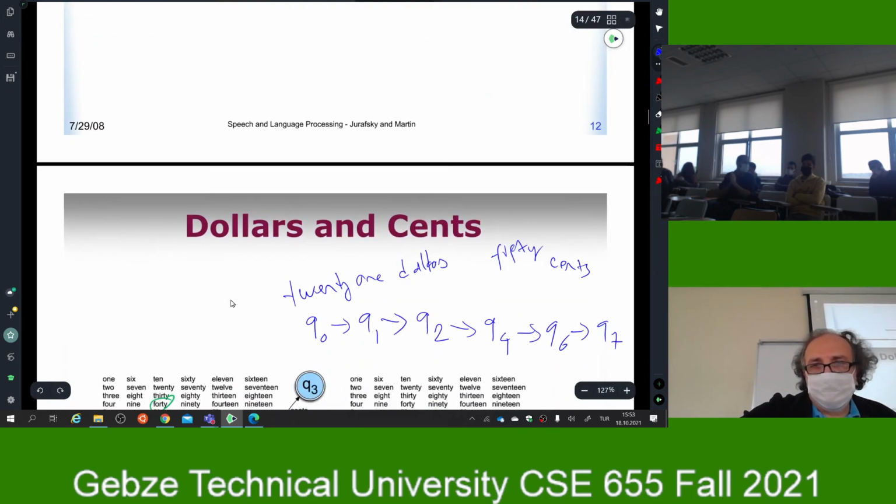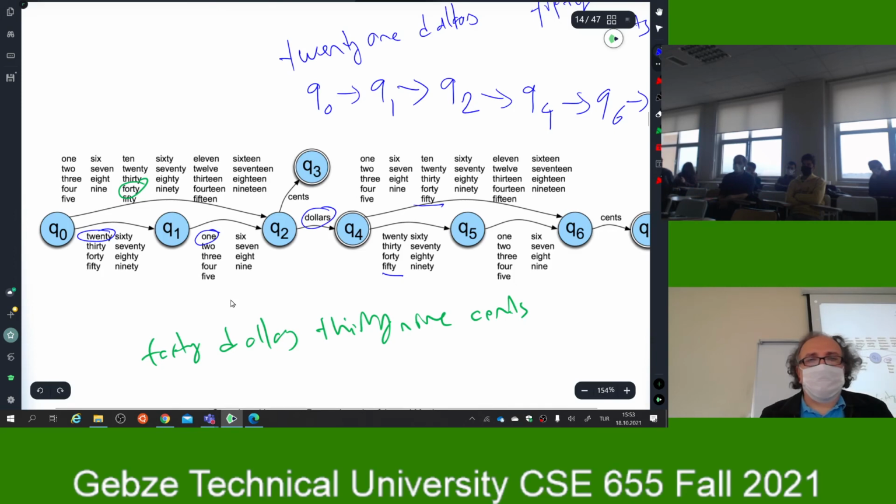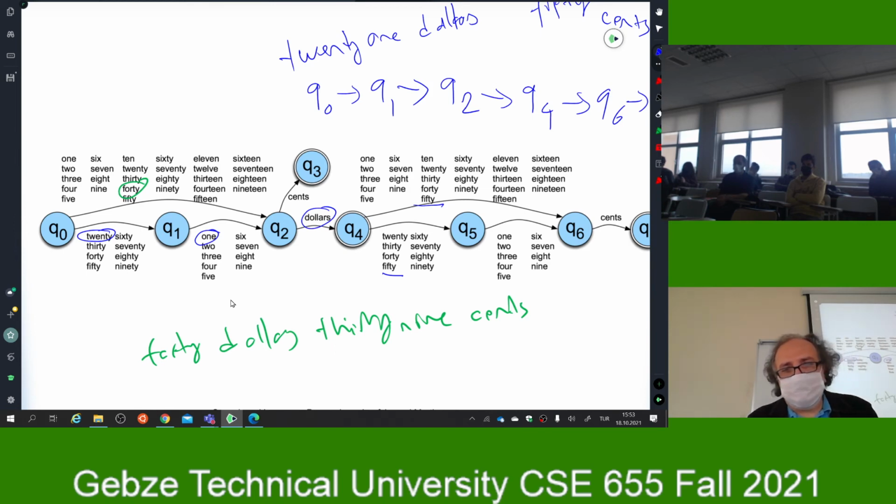Let me skip these. This is a more serious example: a finite state automata to recognize dollars and cents in English, from $0 up to $99.99.